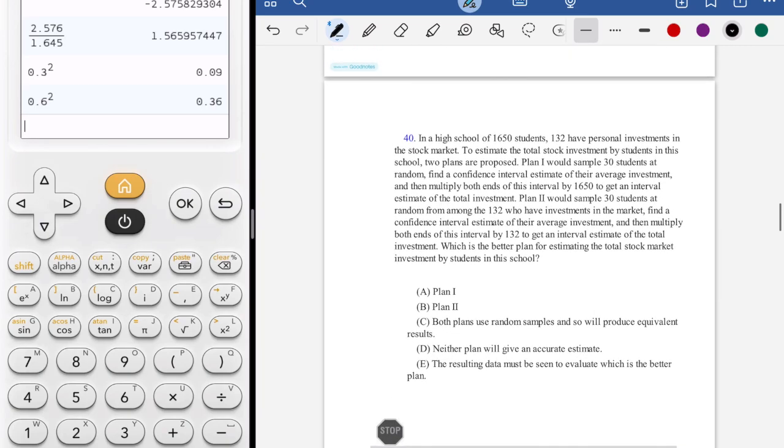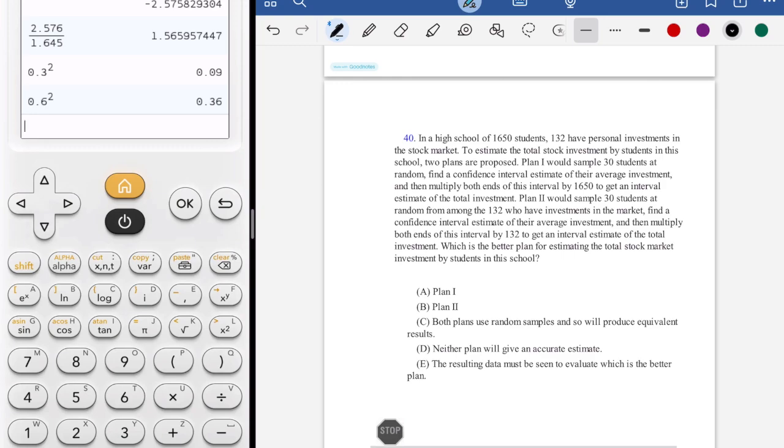And then number 40. In a high school of 1,650 students, 132 of them have personal investments in the stock market. To estimate the total stock investment by students in this school, two plans were proposed. Plan 1 would sample 30 students at random, find a confidence interval estimate of their average investment, and then multiply both ends of this interval by 1650 to get an interval estimate of the total investment. I'm assuming for all students in the school.